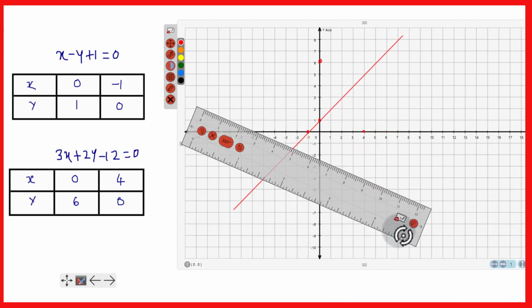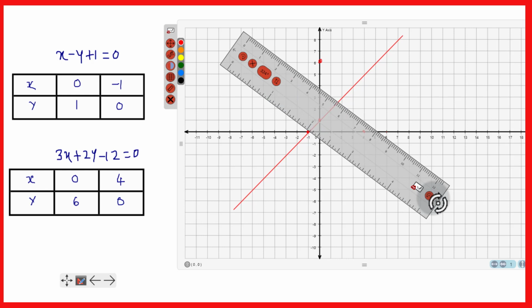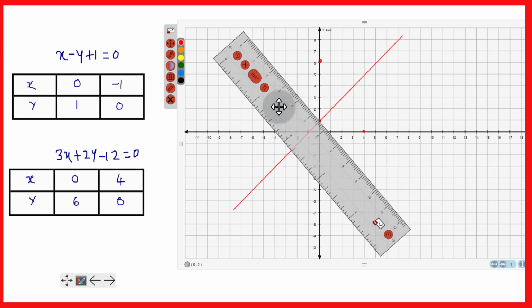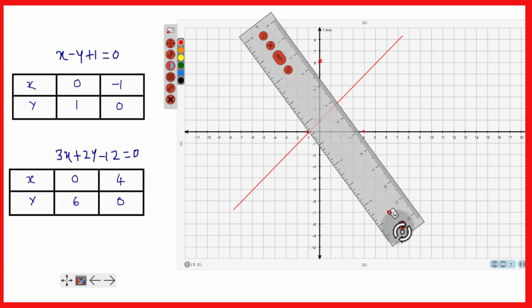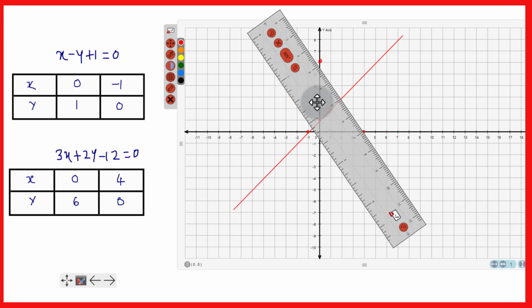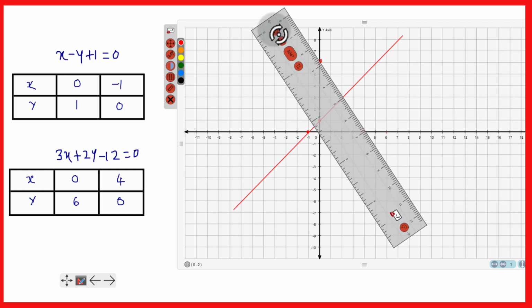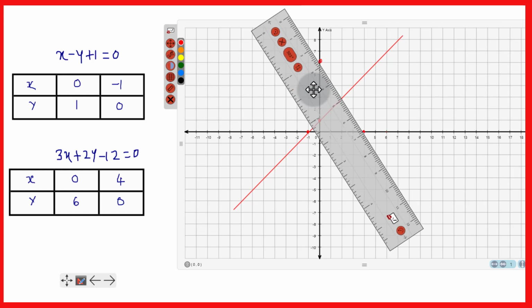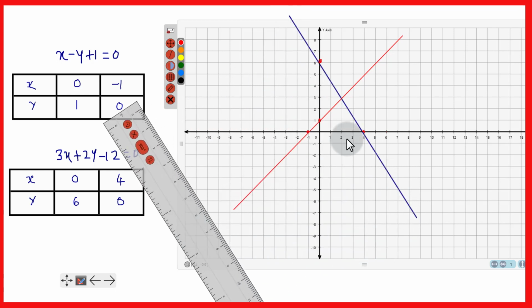So I take the scale and draw a line passing through these 2 points.